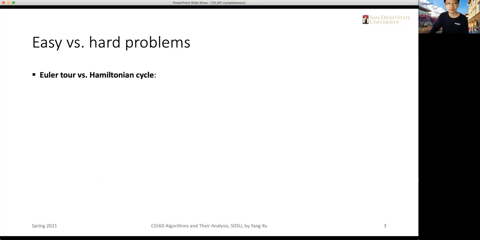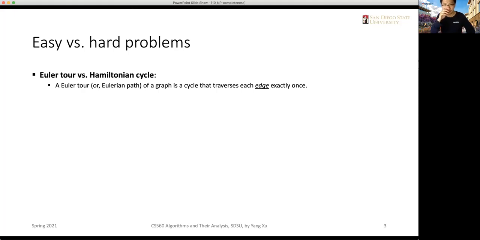And the second example I put here is also related to graph algorithms. The problem is called an Euler tour, or Euler path, of a graph. That means we want to traverse a graph with a cycle where each edge is visited exactly once.